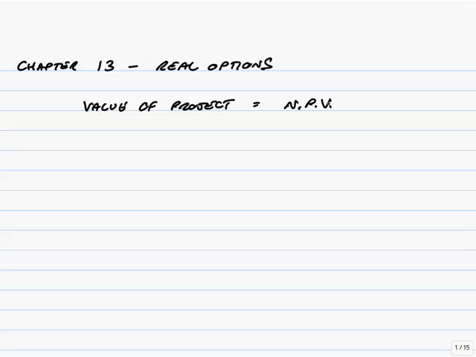And surely that would make the project more attractive to us. It would make it more valuable. That we could either start now or we could start in a few years' time if things look bad now and better later.